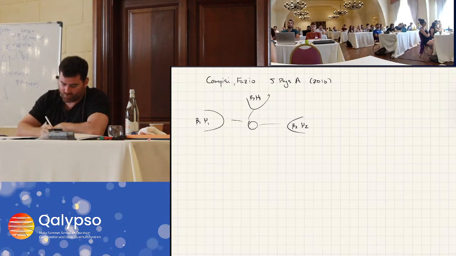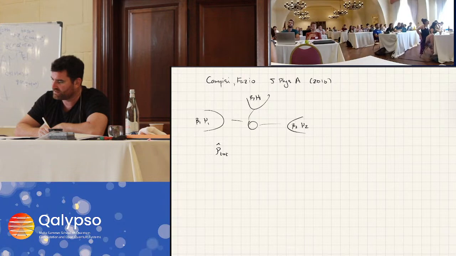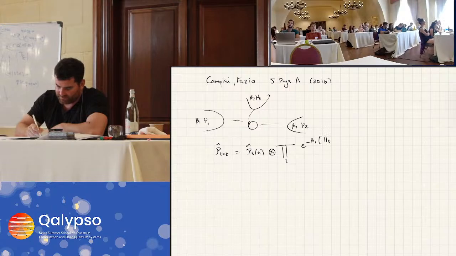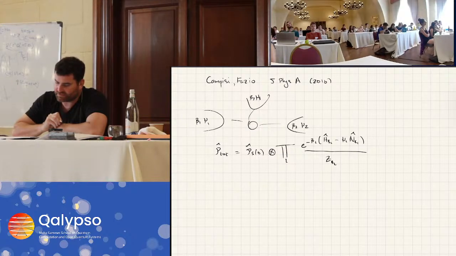So the total density matrix initially is going to be rho_S(0) tensor product of these grand canonical states for the baths, e^{-(H_BL - mu_L N_BL)} over Z_BL, okay?